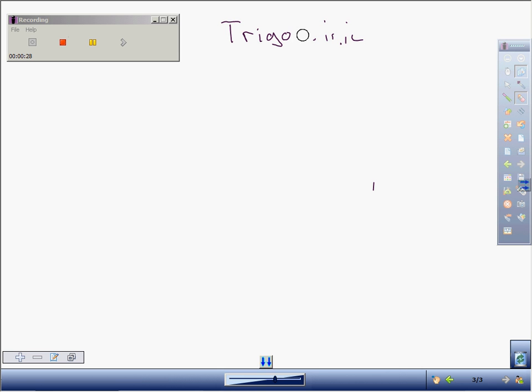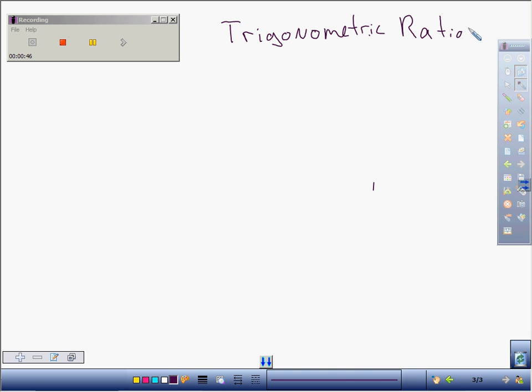Let's try this. Okay. No. Oh, no, I need to write trigonometric ratios. Okay? And so, just to tell you, this part of the word means what?